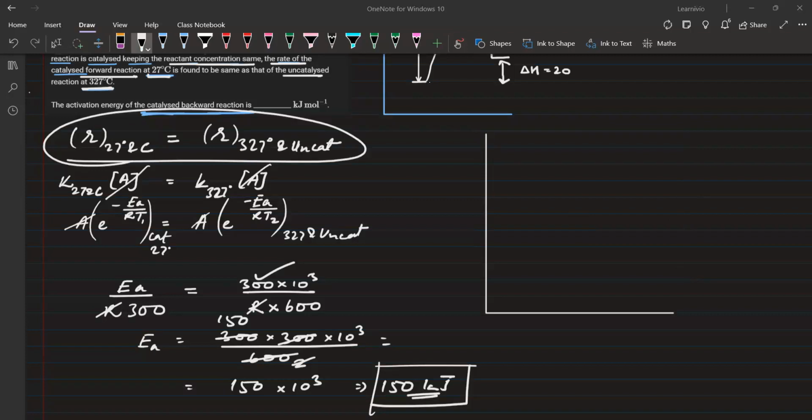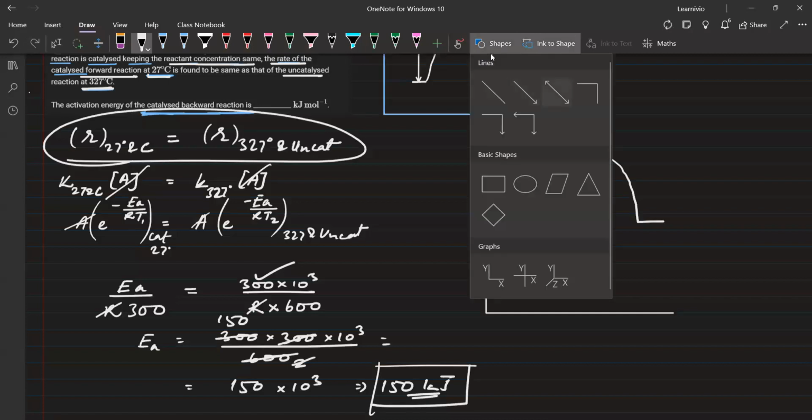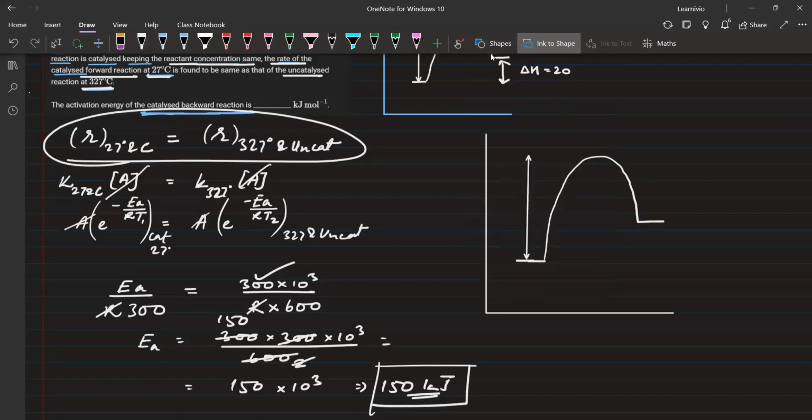But we have to calculate the activation energy of the catalyzed backward reaction. Here, see how we will calculate it for the backward reaction. We have found the activation energy of the forward reaction, which is equal to 150.